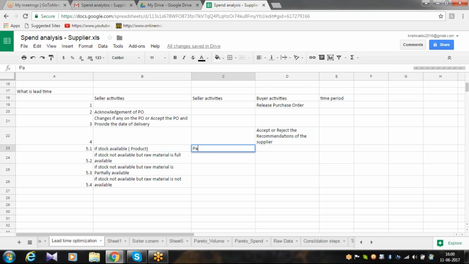So here, packaging and dispatch, plus loading, plus transport, plus statutory clearance, plus unloading.